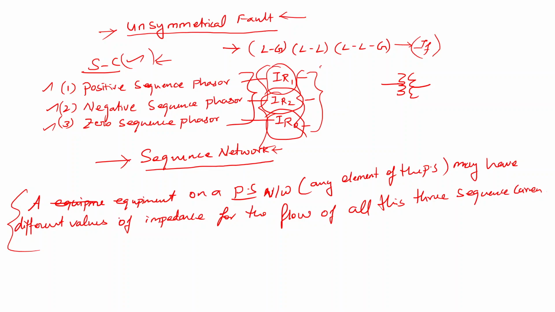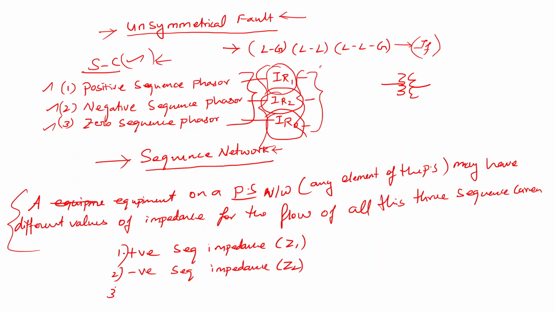So therefore each element in the power system will have the corresponding impedance: positive sequence impedance Z1, negative sequence impedance Z2, and zero sequence impedance Z0.